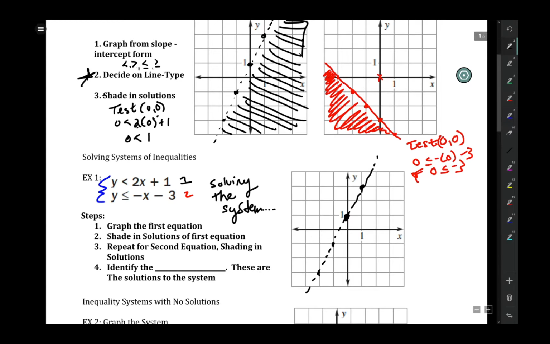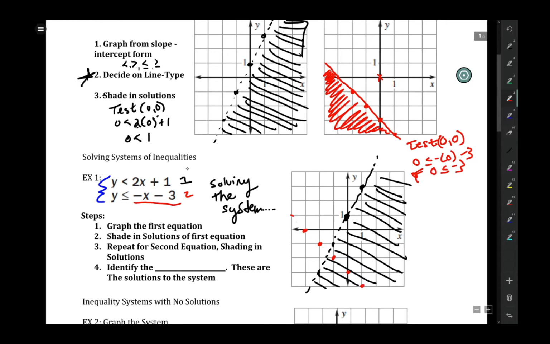Now I will choose to shade or just draw my dashes in one direction. If we graph our second equation, negative x minus 3 again, including the shading, I highly recommend you do them each 1 at a time. Solid line and shading.